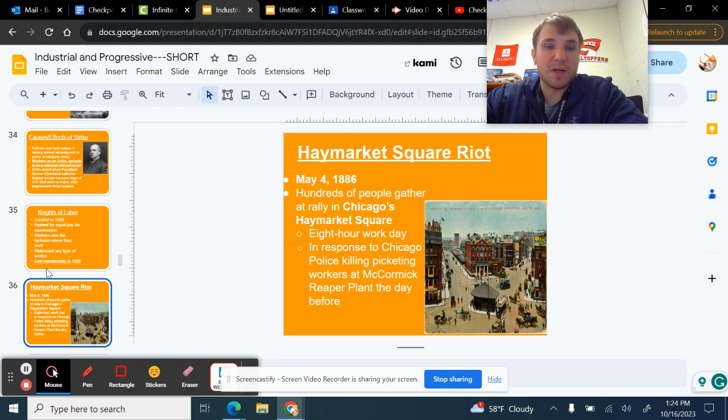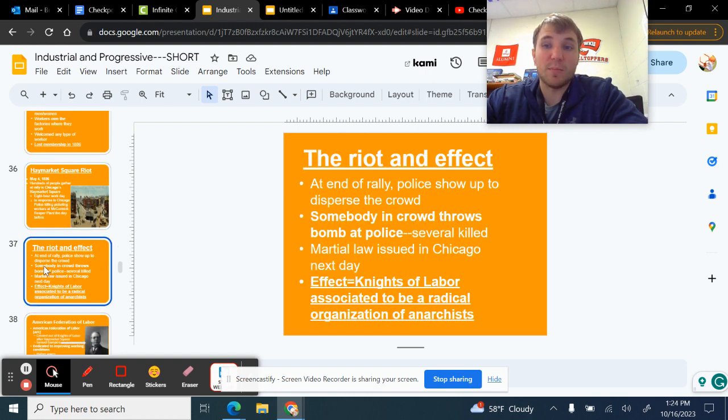But here's what happens. The police show up to get rid of the crowd. Now you have to think part of the reason why they are protesting is because of what the police had done the day before. So the crowd's not really over the moon when the police show up. Well, somebody in the crowd decides to throw a bomb at the police.